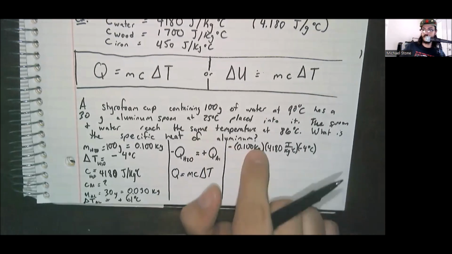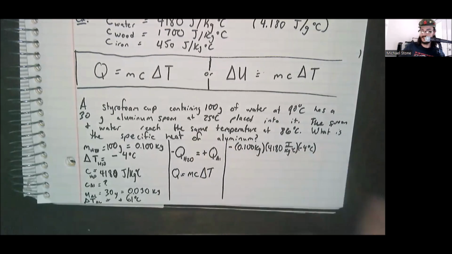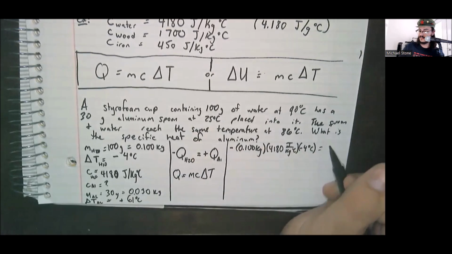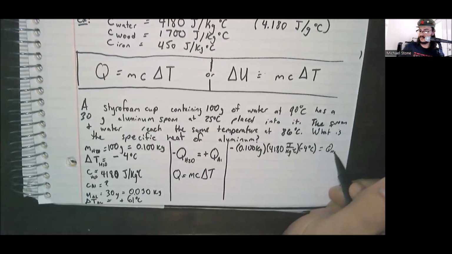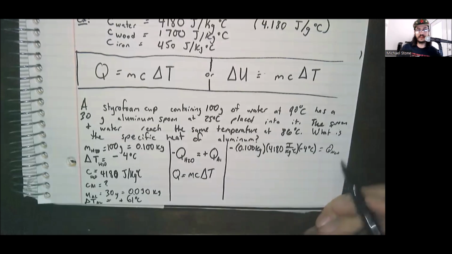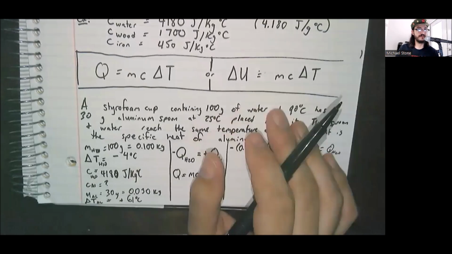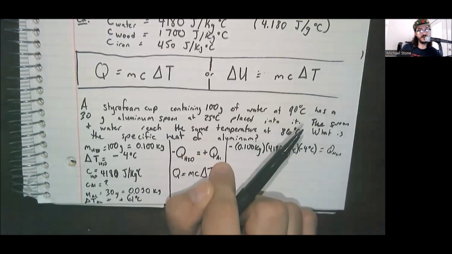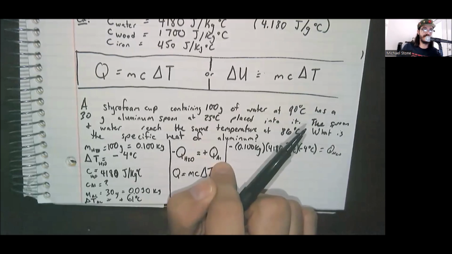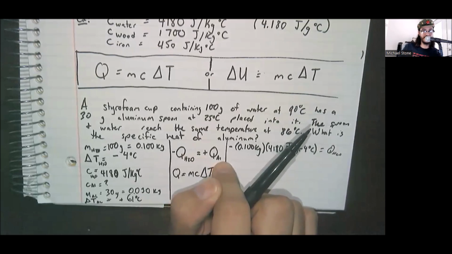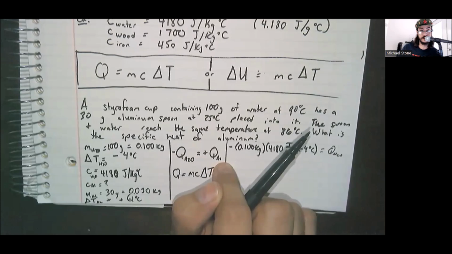If you want to just do this real quick to find that and then plug it in, whatever. You know that this is going to increase in heat. I trust you at this point in your career to pay attention to the signs well enough to know when a thing should be negative conceptually.